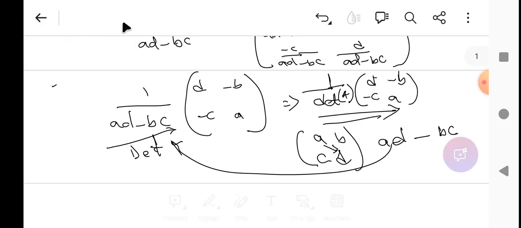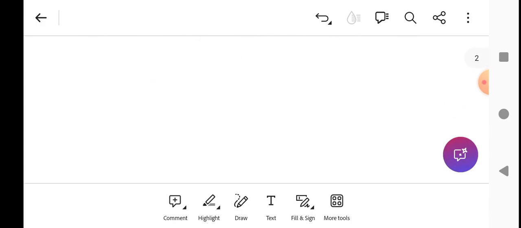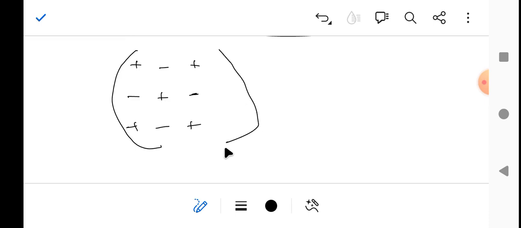And it is similar for 3 by 3, but first of all, we are supposed to get the adjoint of the matrix, where we'll be talking about the minus signs. How do we get the minus? Remember, for our 3 by 3 matrix, we have plus, minus, plus, minus, plus, minus, plus, minus, plus, right?